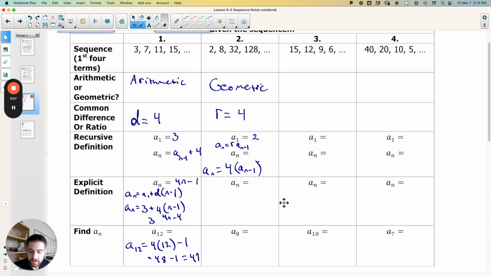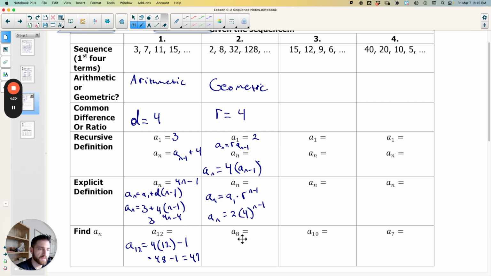The explicit, on the other hand, is a little bit simpler. All you're going to do is set a sub n equal to your first term, a sub 1, times your common ratio raised to the n minus 1. And we're just going to plug in the numbers. So we know our first term is 2, so that'll be 2 times the common ratio of 4 raised to the n minus 1. So a sub n is equal to 2 times 4 raised to the n minus 1.